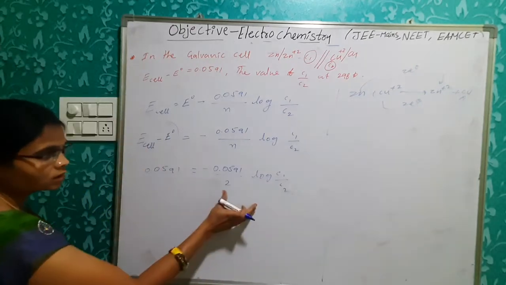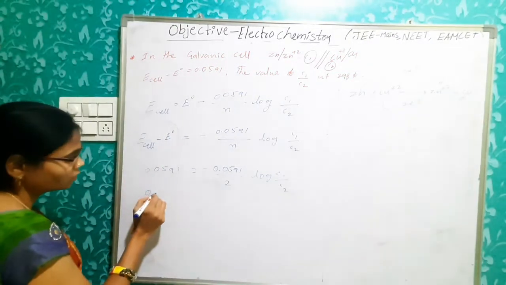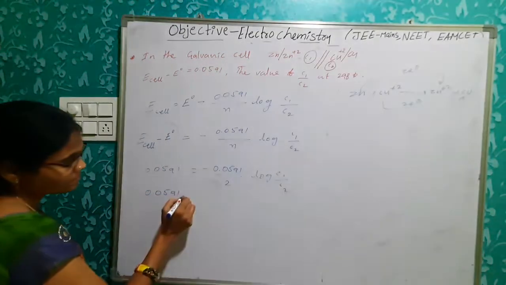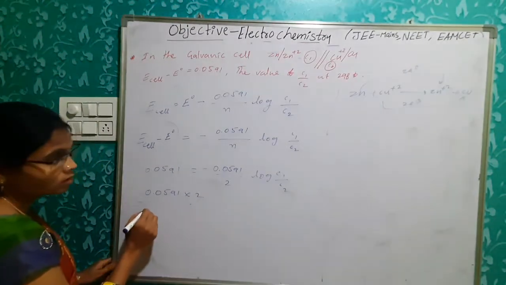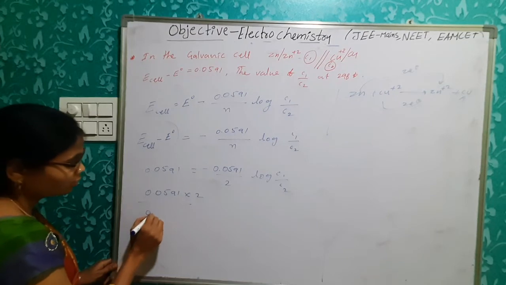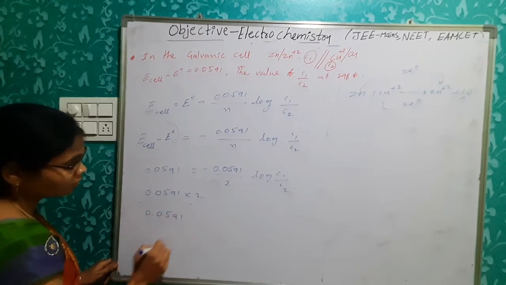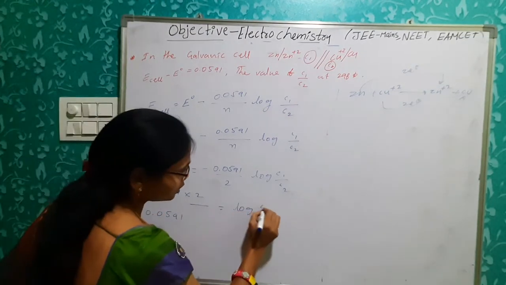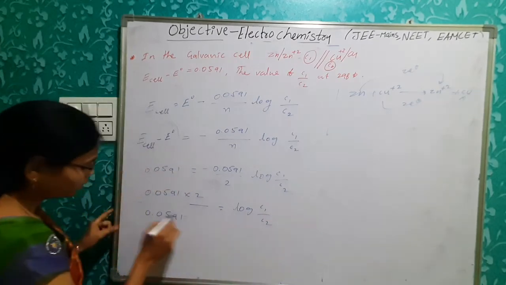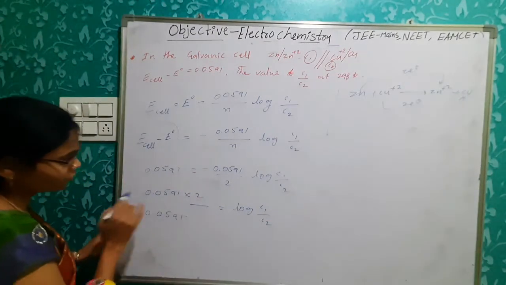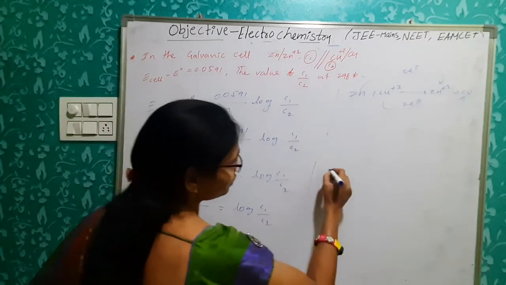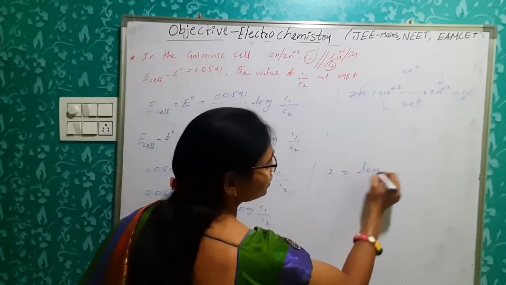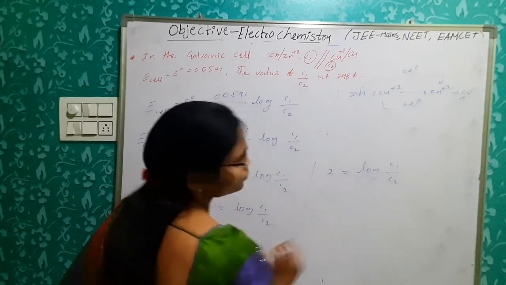Taking this across, 0.0591 and 0.0591 mutually cancel, then here 2. So 2 is equal to log C1 by C2.